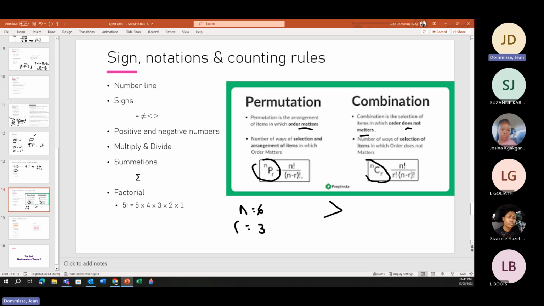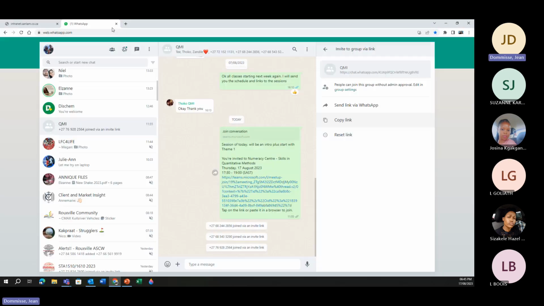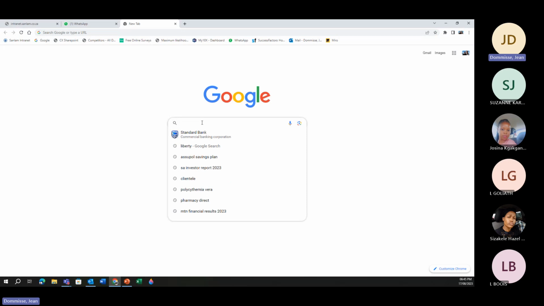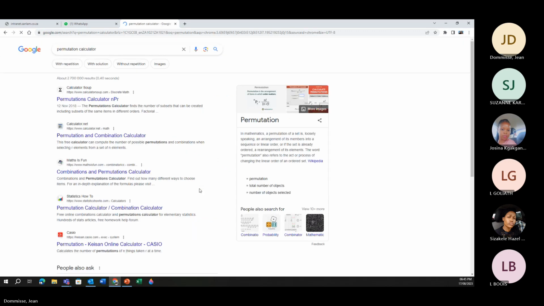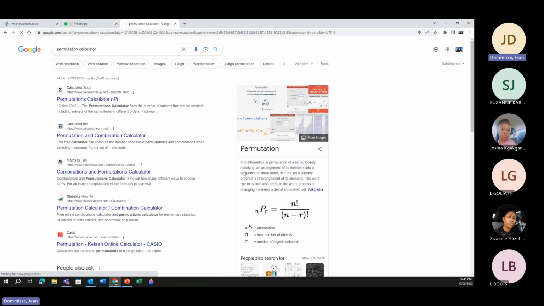In Excel, there is also a combination and permutation formula that you can use, so you don't need to buy an expensive calculator. And because all of this is online, you can also Google permutation calculator, and there are permutation calculators online that you can use as well.